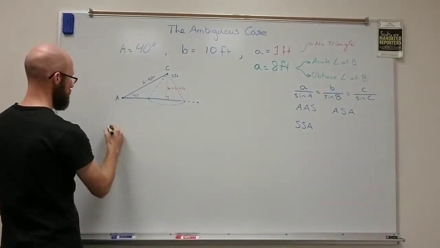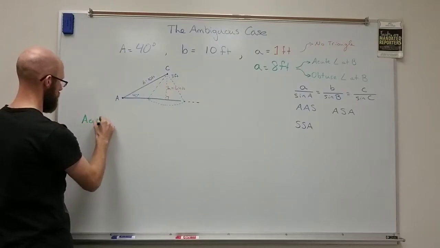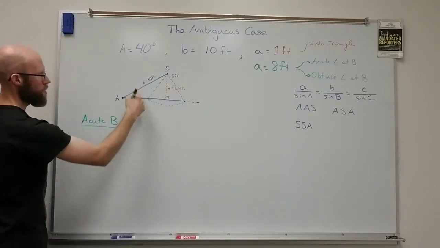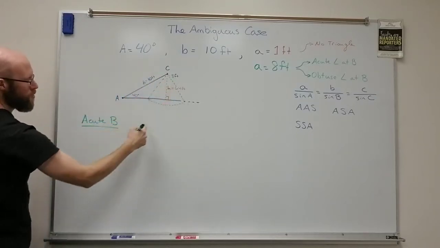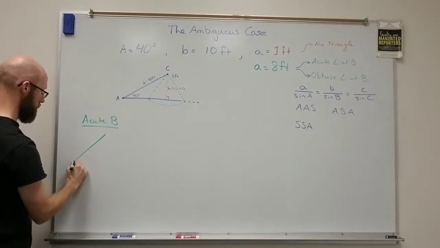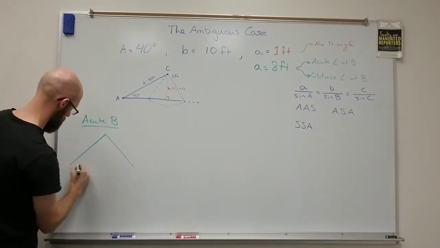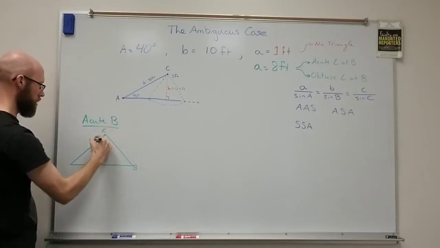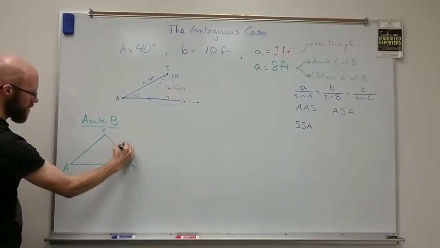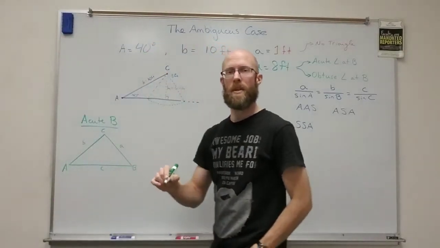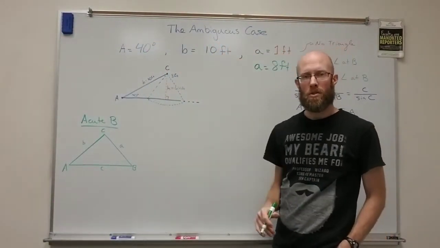The acute B is going to be formed. It's a smaller one, so it's going to be out farther to the right. There's angle B, angle C, angle A, side A, B, and C, respectively. Okay. So there I've created the triangle.